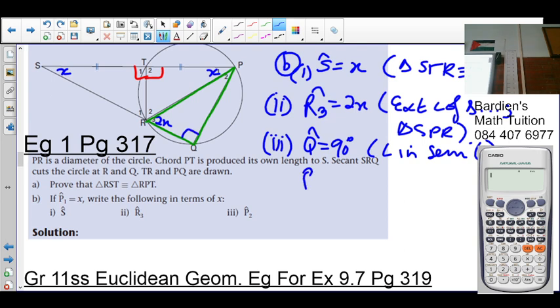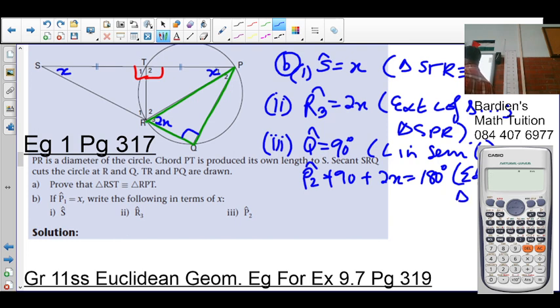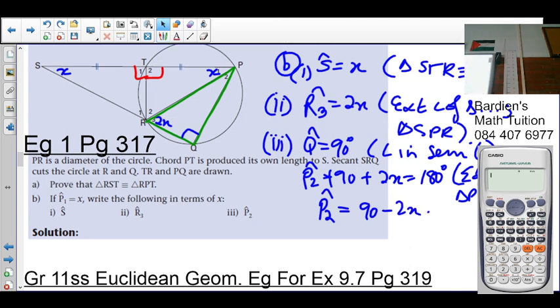So you say P2 plus 90 plus 2x is equal to 180. Why? Sum of angles in this triangle PQR. So angle P2 is equal to 180 minus 90 is 90 minus 2x. Okay. Nice, no?